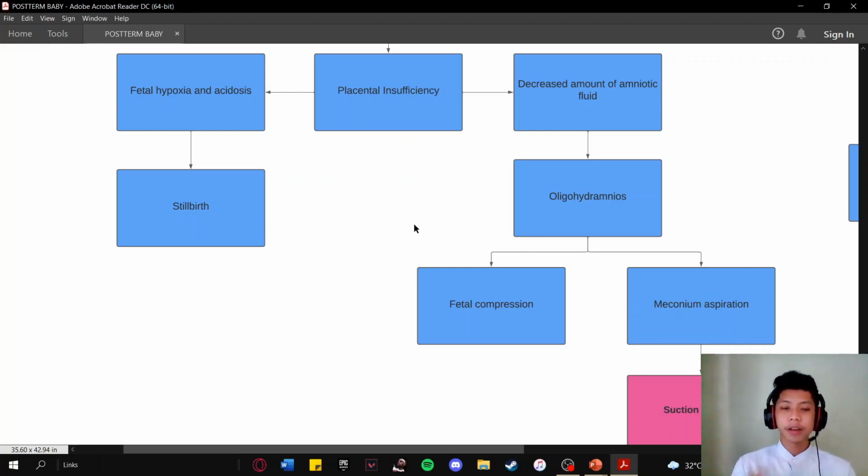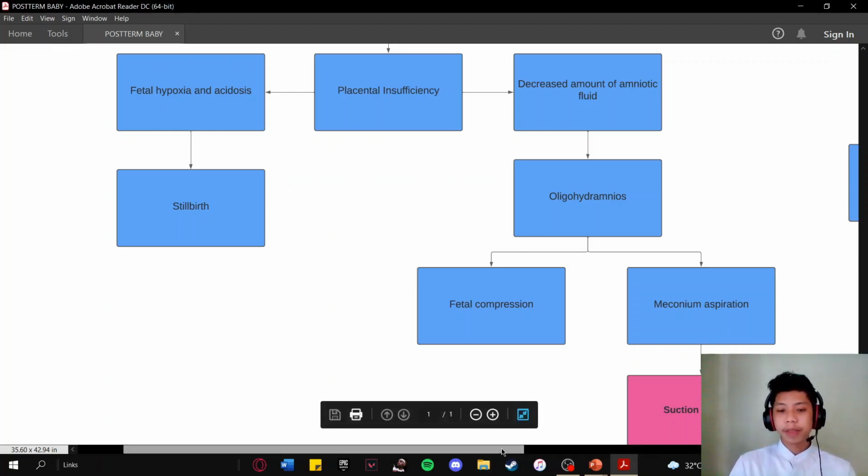So fetal compression can happen because, since there is a lack of amniotic fluid, the fetus can no longer freely move inside the womb of the mother, and the baby will have a hard time moving inside, be restricted in its movements, and be slowly compressed.